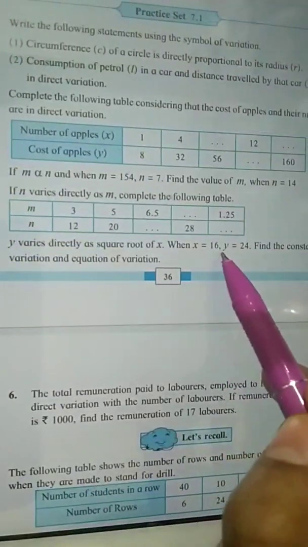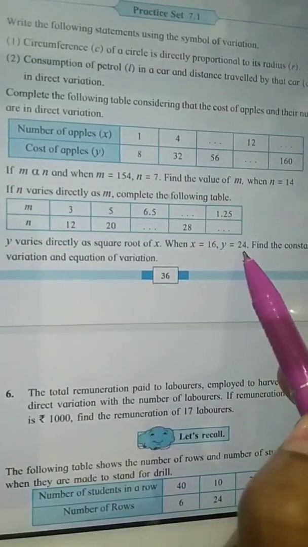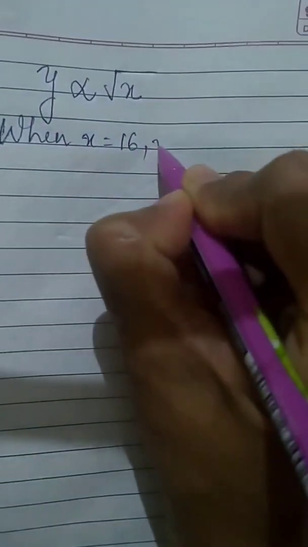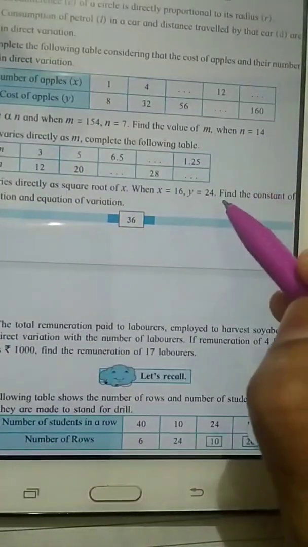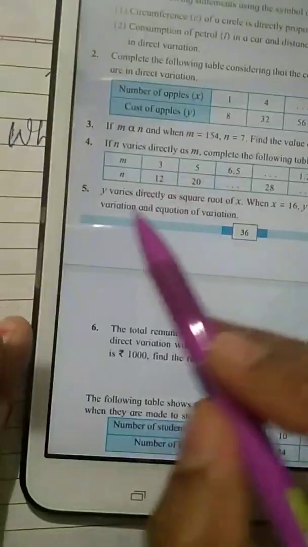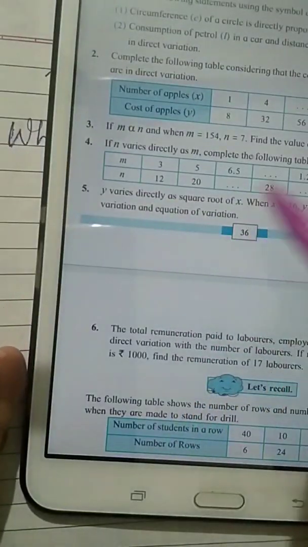When x is equal to 16, y is equal to 24. Right. When x is equal to 16, y is equal to 24. This also I wrote. Now see the remaining part of the question. Find the constant of variation and the equation of variation. So constant means k is asked and equation is also asked.